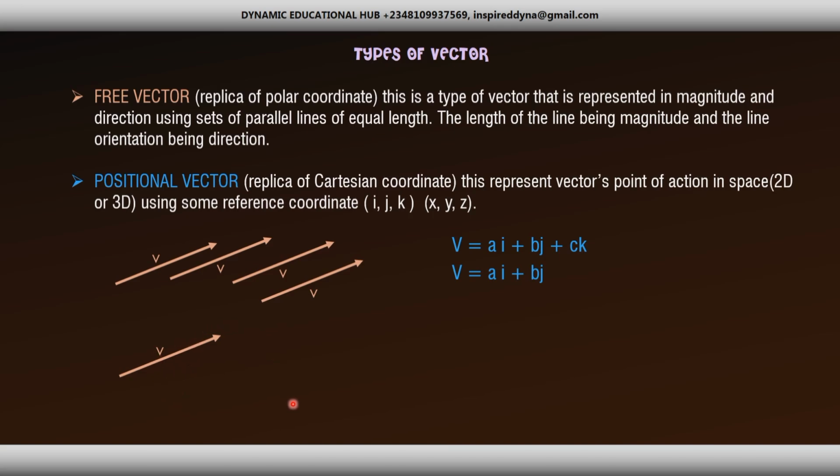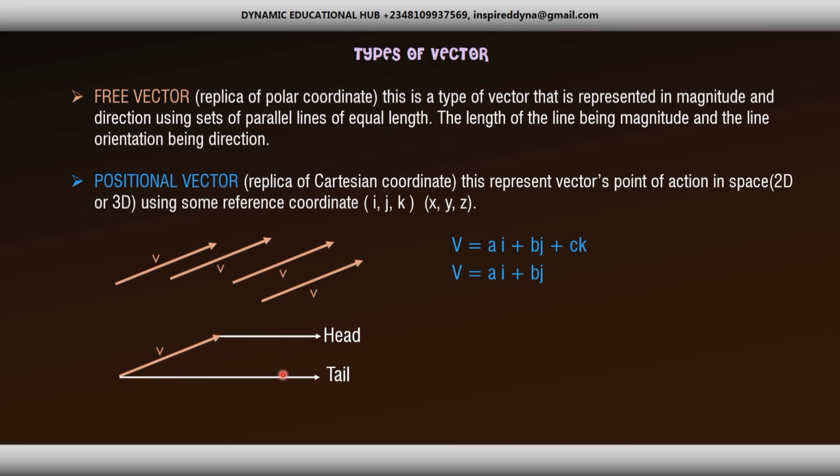The ending point is what we call the head. In Yoruba language, we call it ori. The arrowhead, the head, is showing you the point of action. Now we have the tail. This is the tail, the beginning, iru.